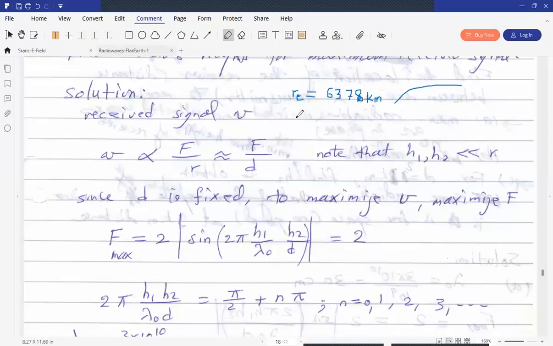If you use the effective earth radius, it is 8,497 kilometers. There is no need to take into account the refraction index. The ray will propagate in a straight line.